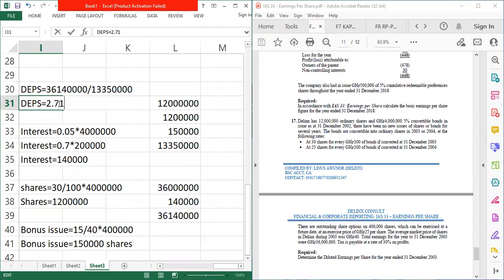You can only change it to pesos when it is 0.0 something. So this is what they're asking us to do.